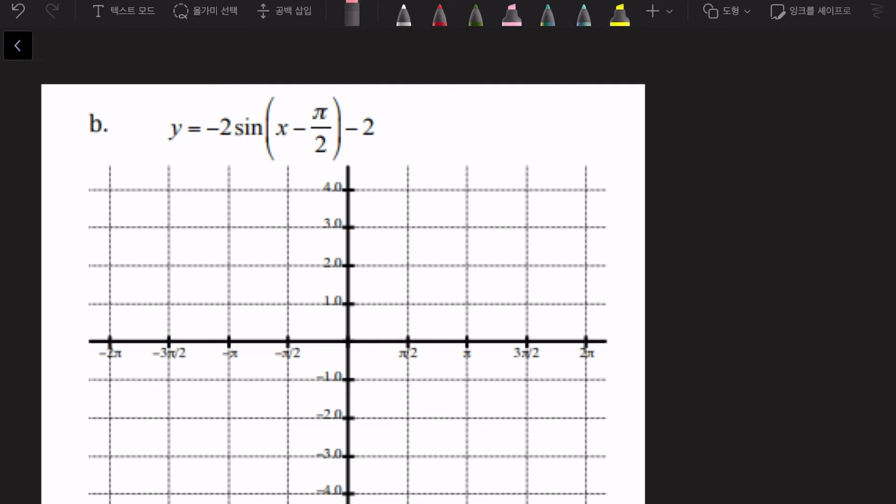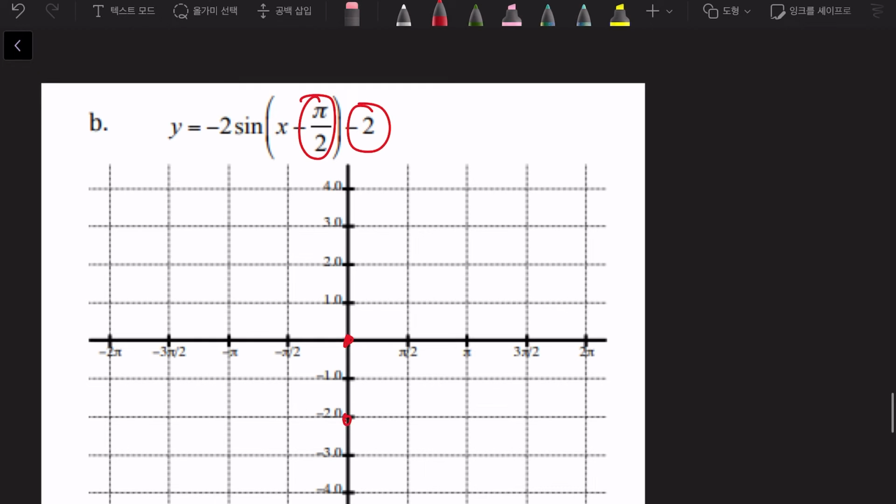Next one we're going to talk about is the sine graph, and let's start at the origin. It goes down to -2, and then moves to the right, pi over 2, since it works inversely, and at the front we see -2. So if the normal sine graph goes up like this, this graph should go down and then up like this. I'll show you the correct one.